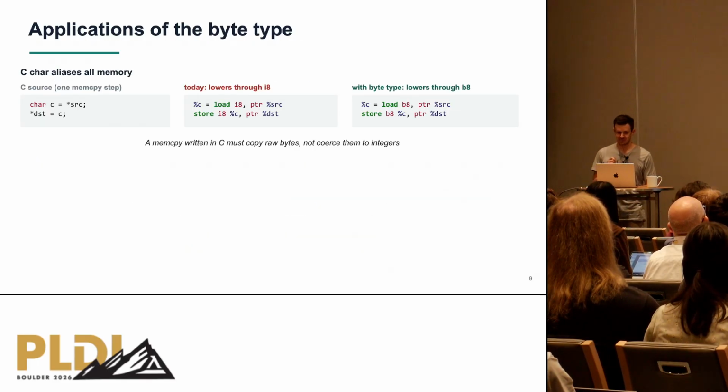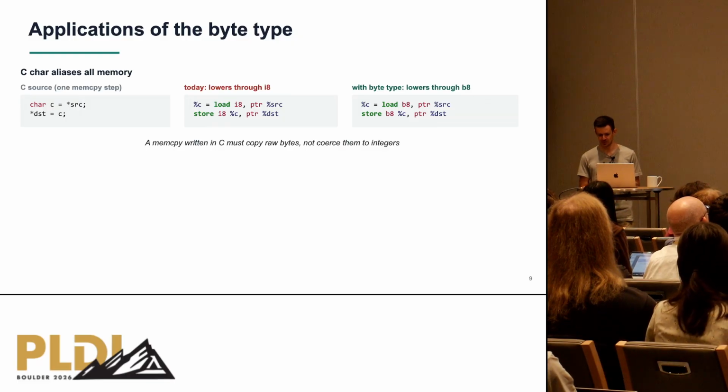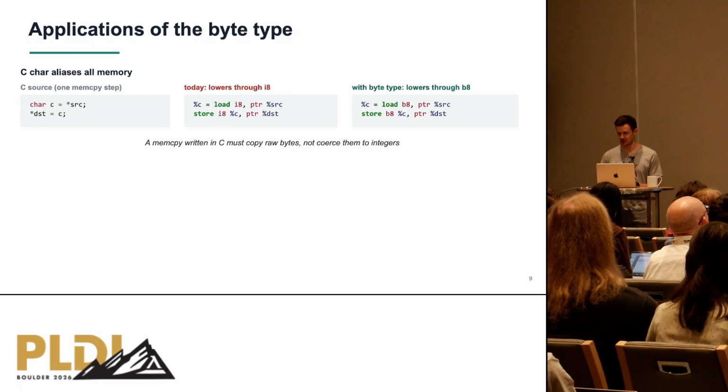So the byte type gives us more than just a sound memcopy lowering. Consider, for instance, this char type in C, which acts as a universal type holder. So it can hold the raw bytes of any given object in C. Also, char pointers can alias with anything, which is what allows us to write a memcopy implementation.